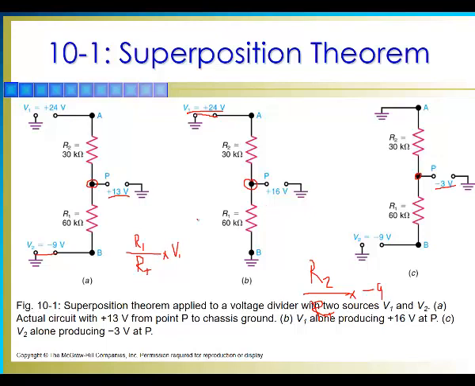So on the original circuit, the voltage here will be the sum of the two voltages calculated utilizing one source at a time. Okay, so 16 plus negative 3, that will be 13 volts, which is the voltage that we said we had at point P.